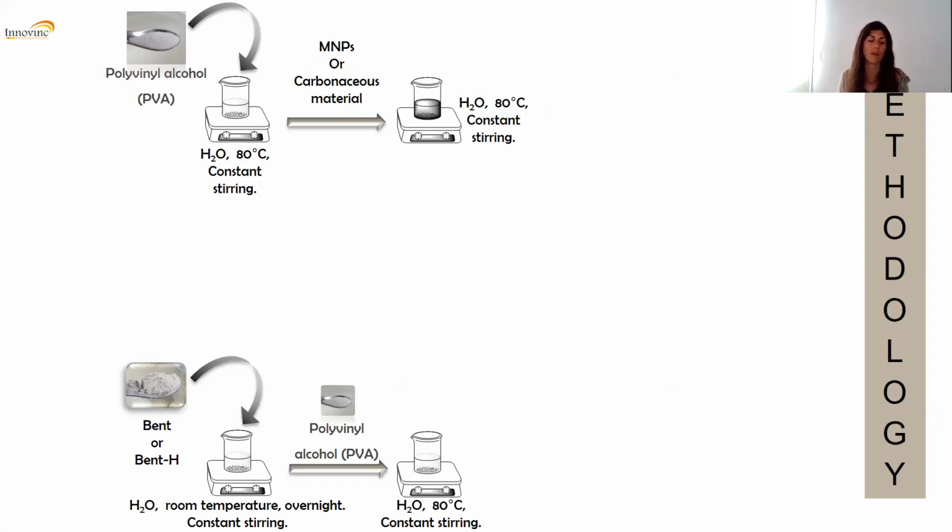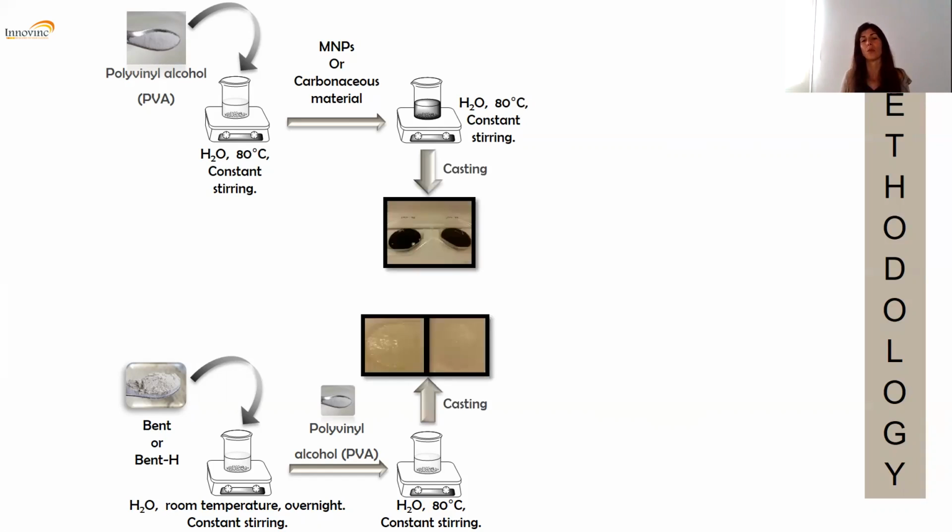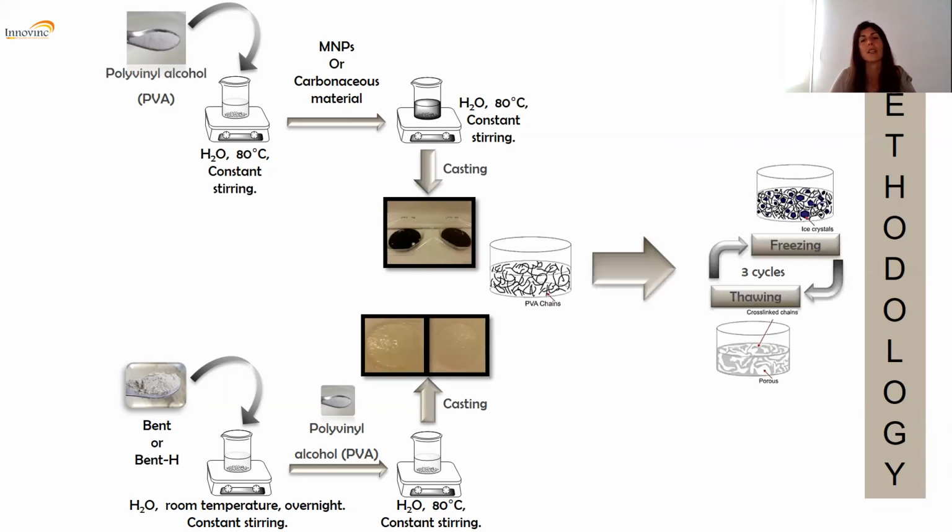And once this step is completed, we incorporate the polyvinyl alcohol into the system. So we have different suspensions, and we cast them into molds, and then we cross-link the different materials through the physical methodology that we have previously described.